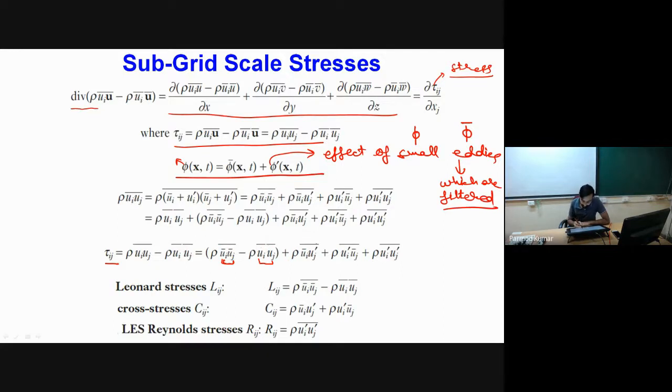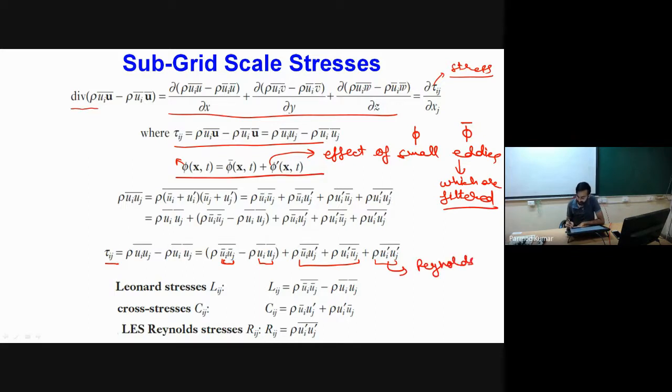Similarly, we have this ui bar into uj dash, so the dash component is also coming into the picture, and one more term as the last term, rho ui dash uj dash bar. Now this ui dash uj dash bar looks like our Reynolds stresses.